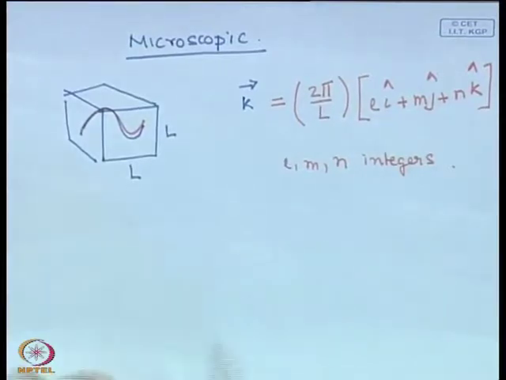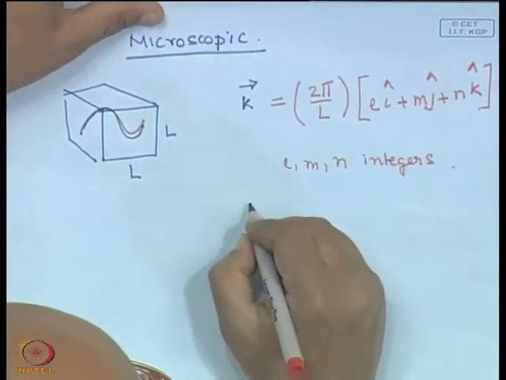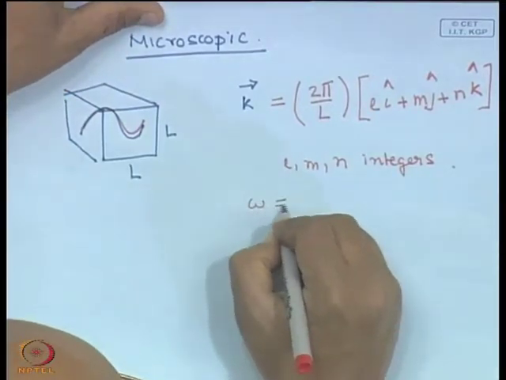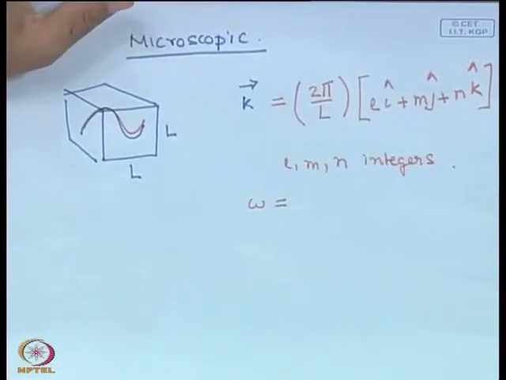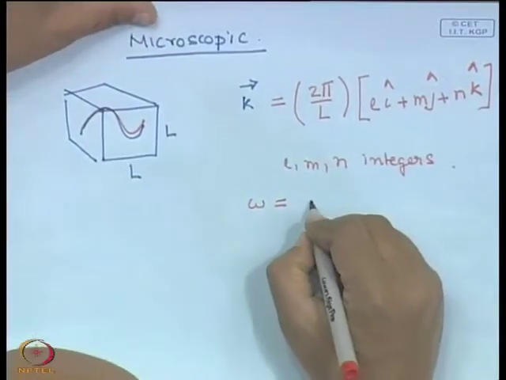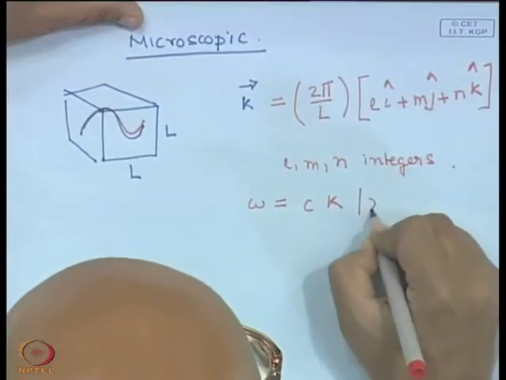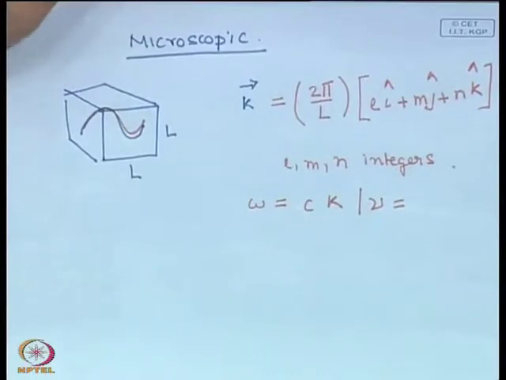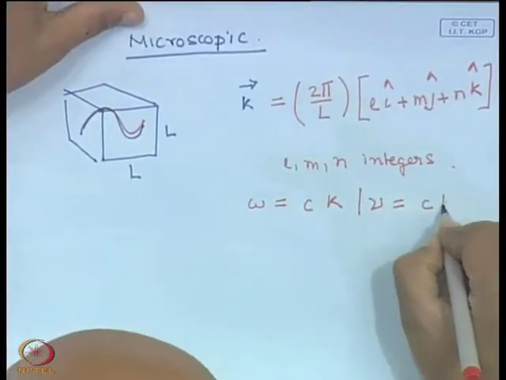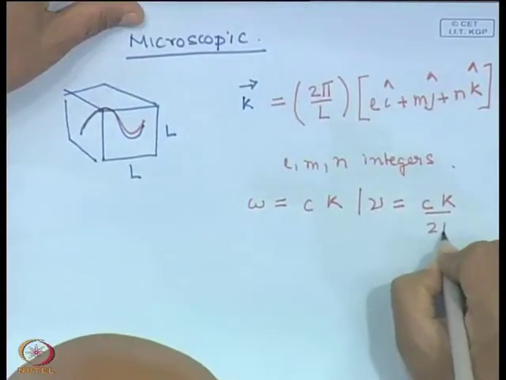And the angular frequency, we know omega is equal to, for electromagnetic waves in vacuum, the speed of light into k, or we can straight away write down the frequency which is of interest to us. So, this is going to be c k by 2 pi.